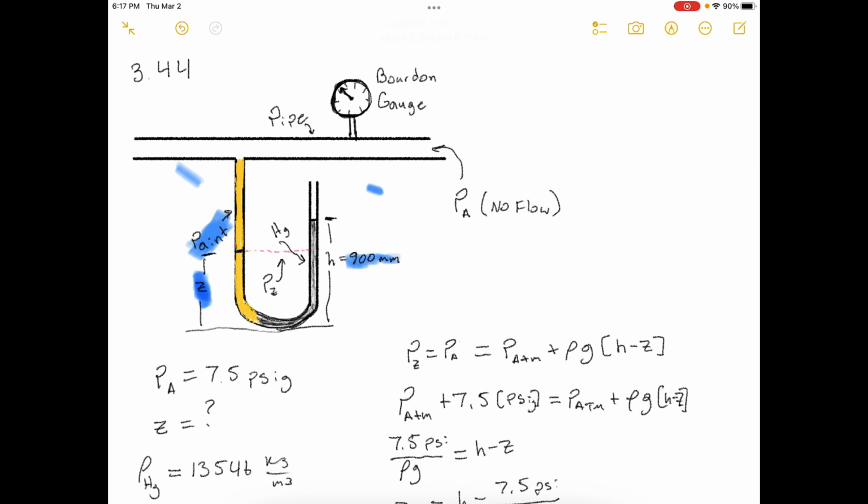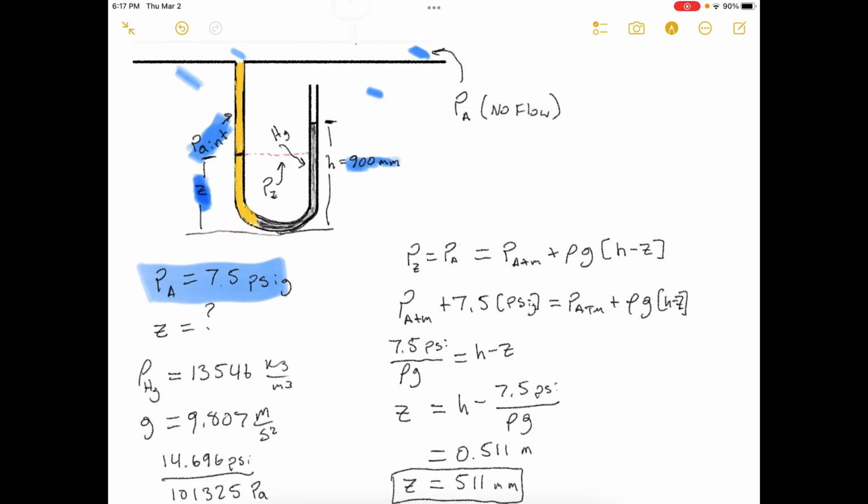That's about the only information that we've got. We do know that when there's no flow in this pipe, the pressure here is equal to the pressure in this leg. So PA is 7.5 pounds per square inch gauge, so that's 7.5 pounds above atmospheric pressure.